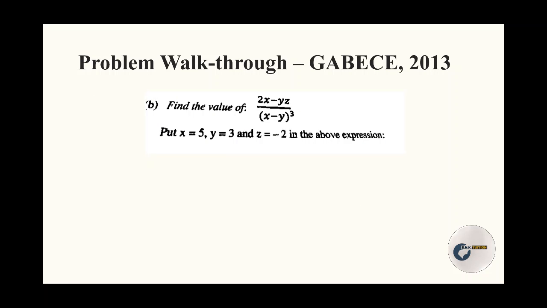So let's go through this GABECE question from 2013. Find the value of 2x minus yz all over x minus y in brackets cubed. So put x equals 5, y equals 3, and z equals minus 2 in the above expression.